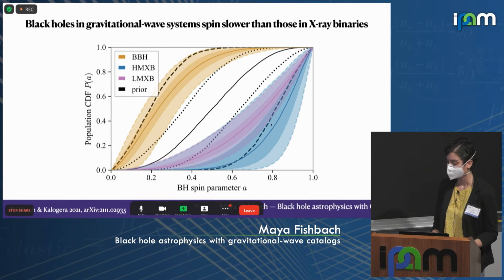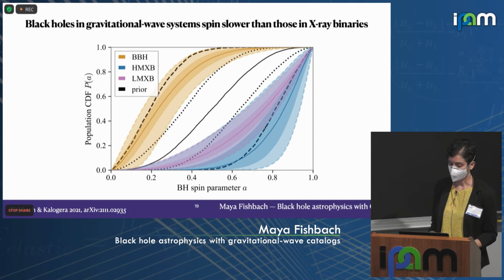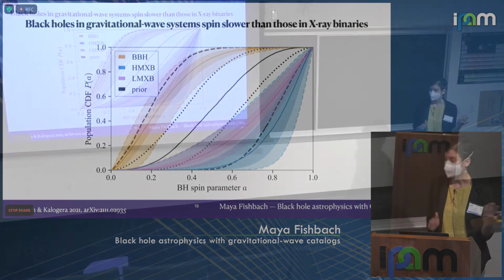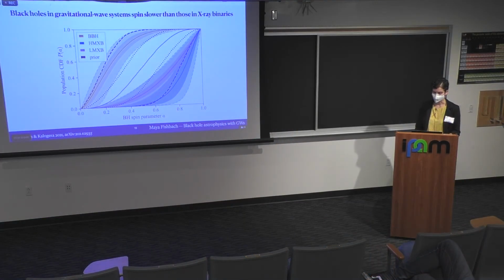And so this remains a mystery right now and might point to some aspects in the evolution of the stars that are leading them to have these spins, which we don't understand yet.